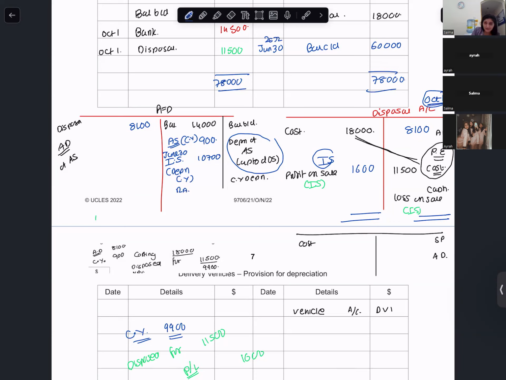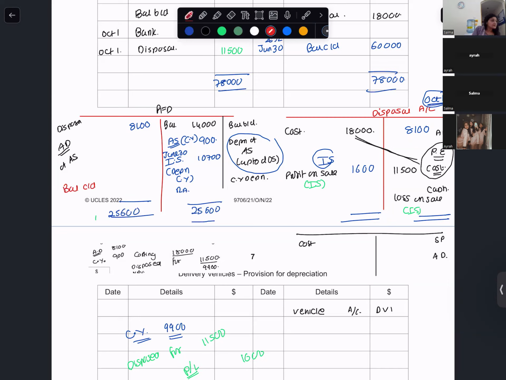So we'll close your provision for depreciation account. Which side total is more? The credit side. It's 25,600. So you'll have your balance closed down, and you will have your balance brought down, 17,500.